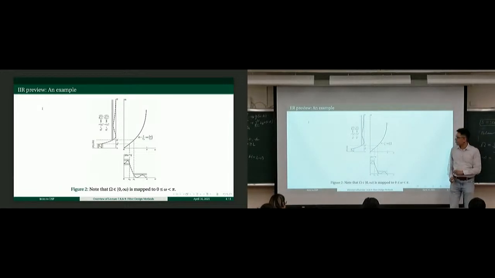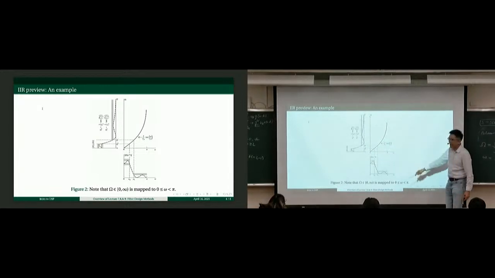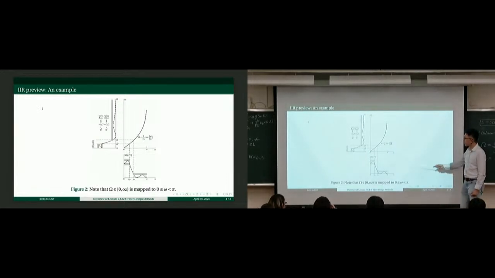There is a mapping. And this is nice because it can give us a direct conversion from an analog prototype right here. I'll explain in a moment. This plot here is the frequency response of an analog prototype filter in the analog domain, specified by its frequency response with big omega being the variable. Okay, but now after this change of variable, it leads to a filter with small omega being the frequency variable.